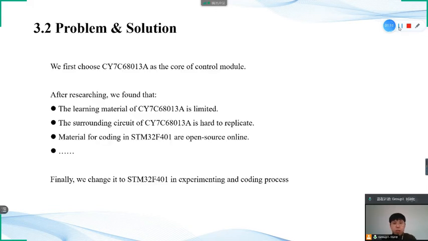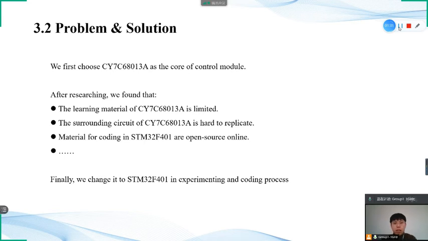Here is a problem we faced in this senior design. We first chose CY7C68013A as the core of the control module. However, after researching, we found that the learning material of this chip is limited, and also the surrounding circuit is hard to replicate.